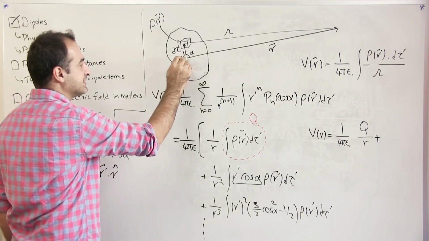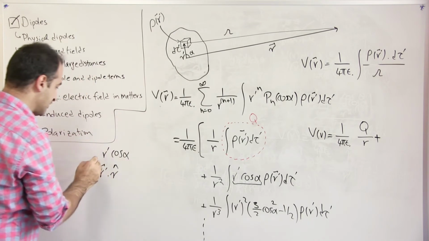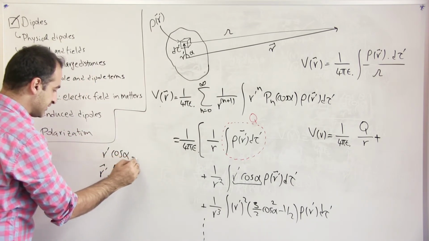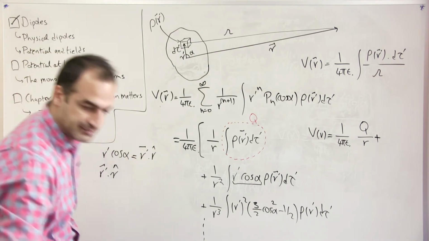Because alpha is the angle between r prime and r, r prime cos alpha is going to be the dot product of r prime with r hat.